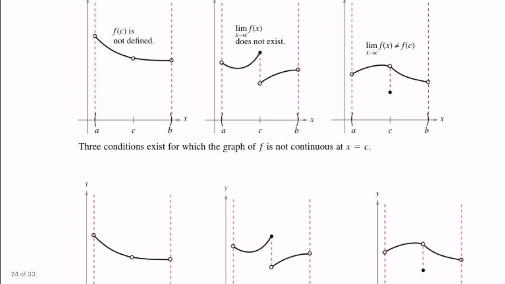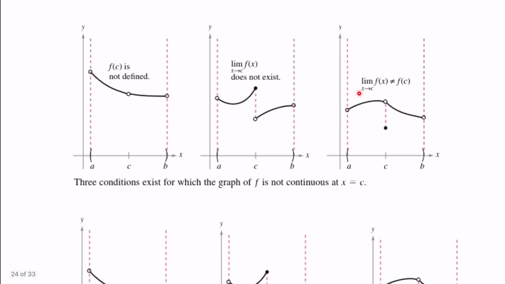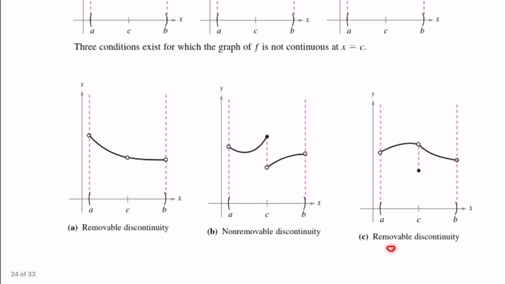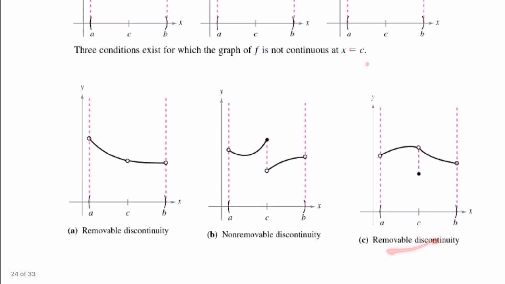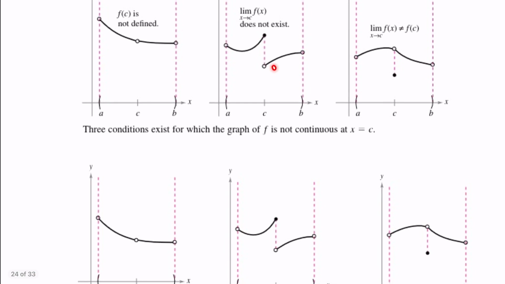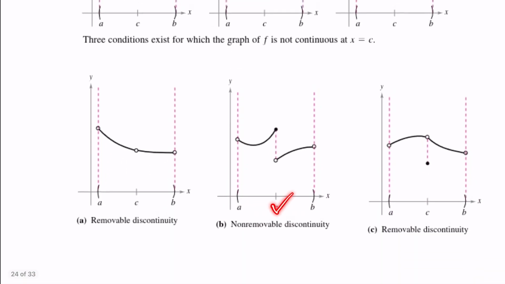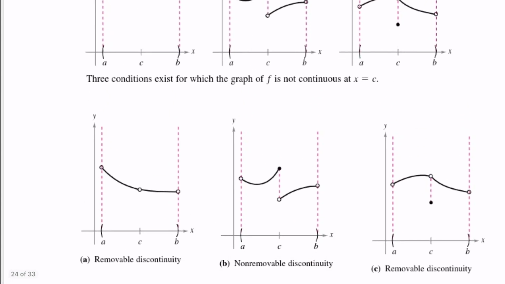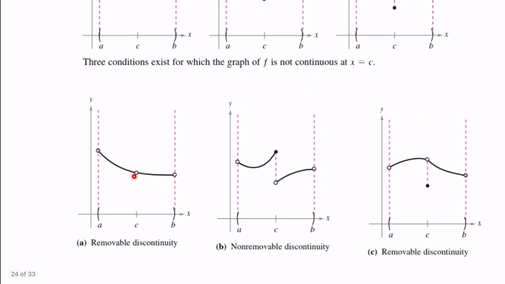So please take a note of that. When the limit is not equal to the function, it's a removable discontinuity. When the limit does not exist, it's non-removable discontinuity. And the limit exists, but f of c is not defined, it is also a removable discontinuity.